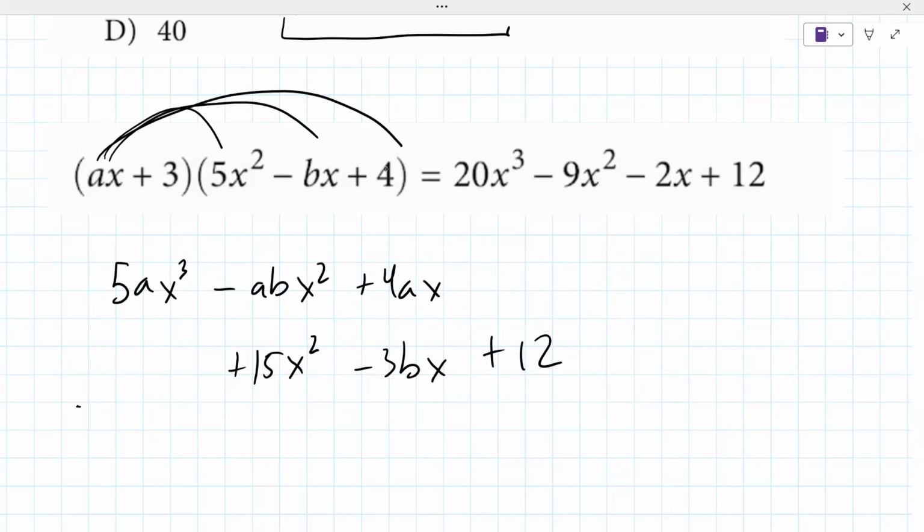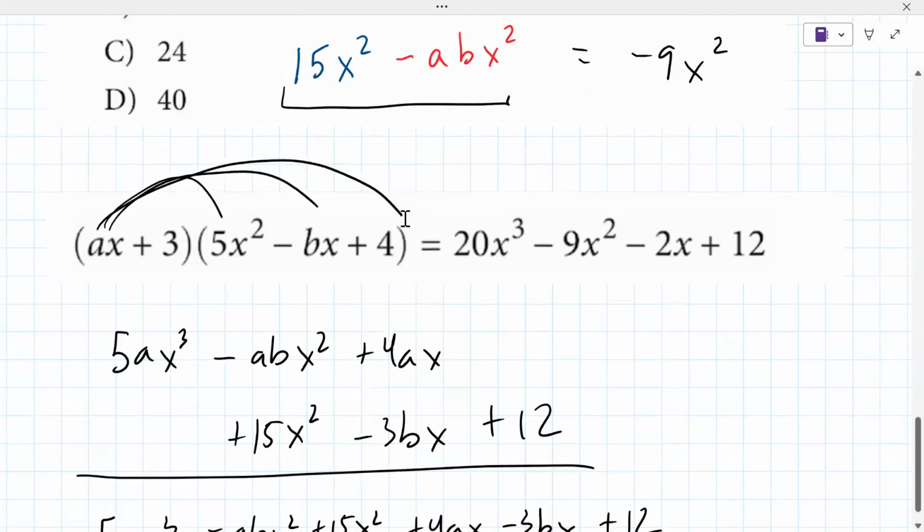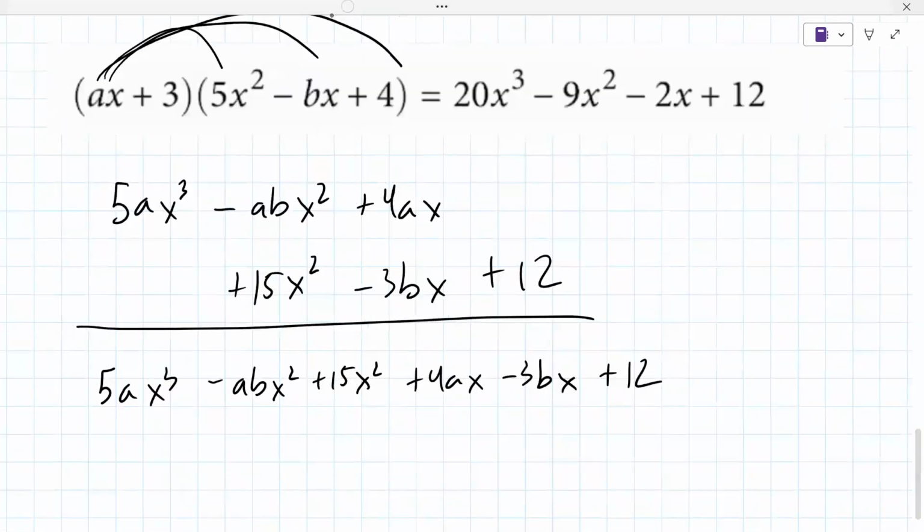Yeah. Okay. Now, if we add all these up, you get 5ax cubed minus abx squared plus 15x squared plus 4ax minus 3bx plus 12. You only care about AB. So AB is here, but it's tied to an x squared term.